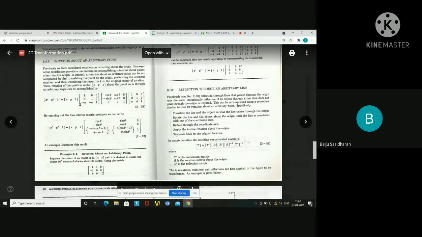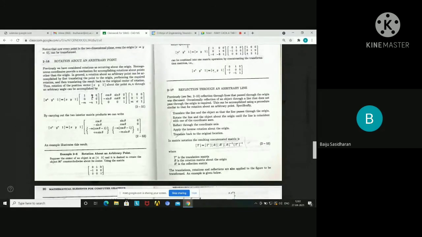This matrix you just see: 1, 0, 0, 0, 1, 0, minus m, minus n, 1. This indicates that this is a translation matrix in the homogeneous coordinate system. This minus m indicates translation along the x direction. This minus n indicates translation along the y direction.